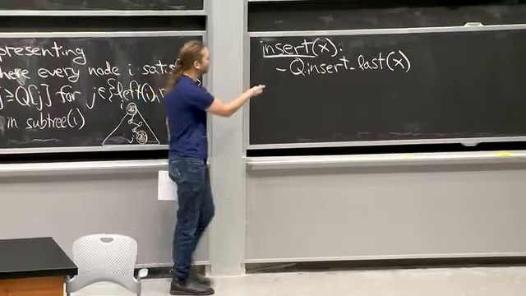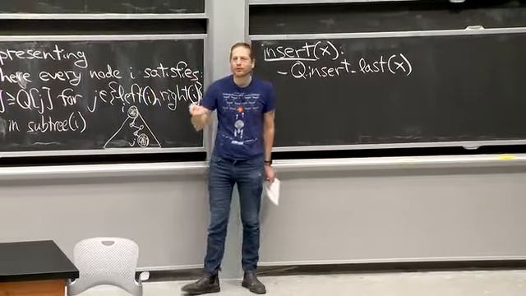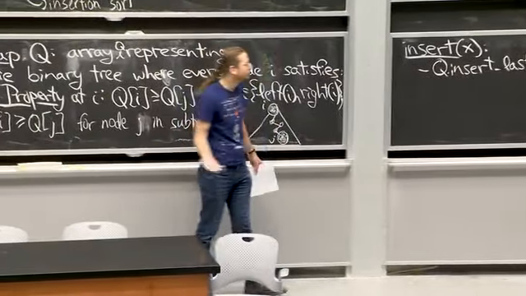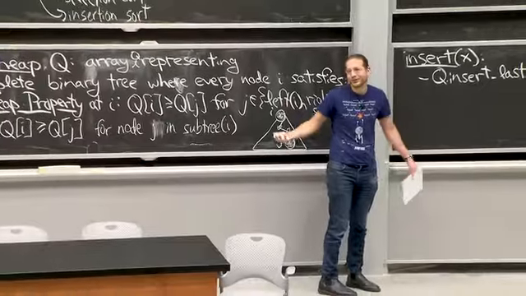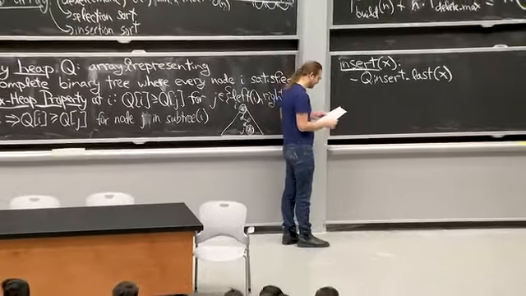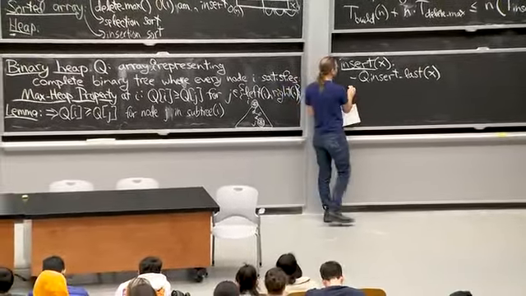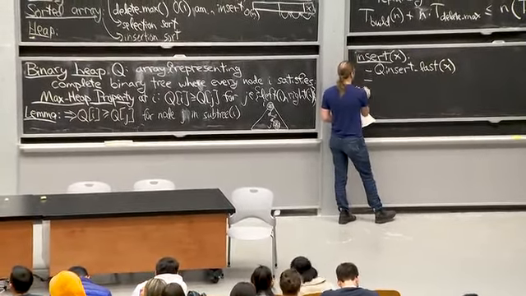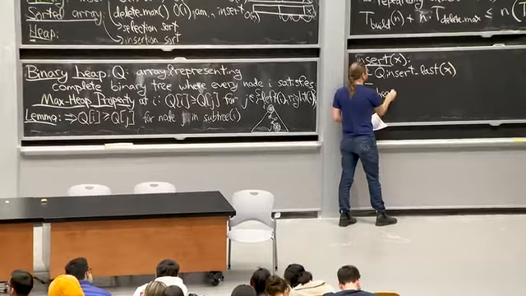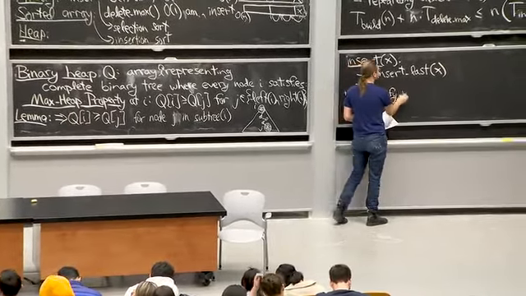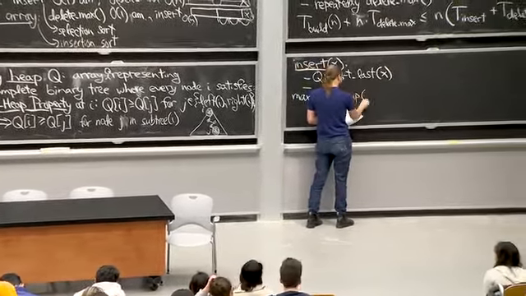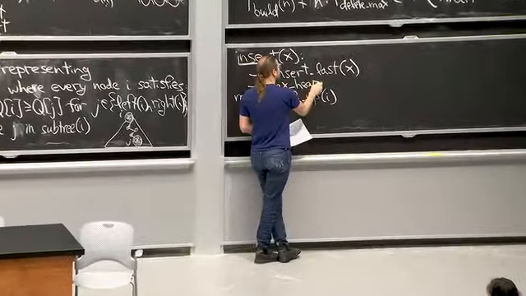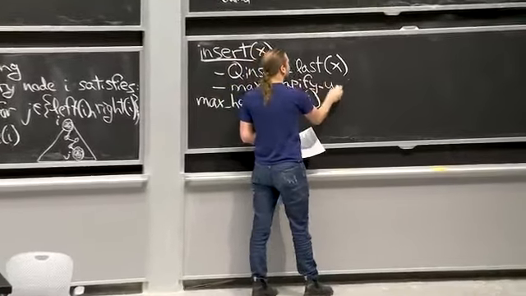Okay, this is probably not enough, though. We just inserted an arbitrary item in a leaf, and now it may not satisfy the max heap property anymore. So let's just check if it does, and if it doesn't, fix it. That's what we know how to do. But this time, we're not even going to need rotations, which is cool. So I'm going to define an operation called max heapify up. This will make things more like a max heap.